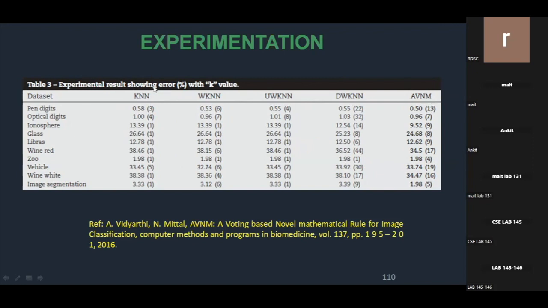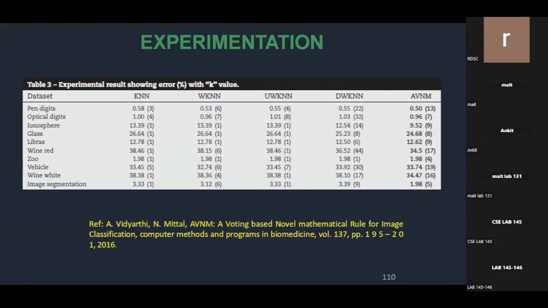We found the error percentage with respect to k. You will find that for every data set, our algorithm gives a different value of k, and at these values of k we get the minimum error. This whole computation is totally dynamic, with no human intervention.